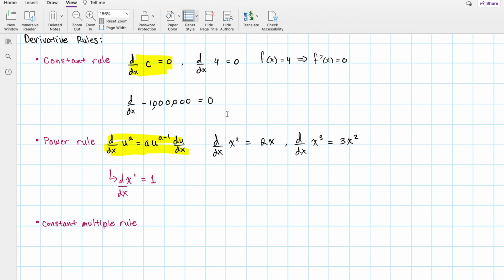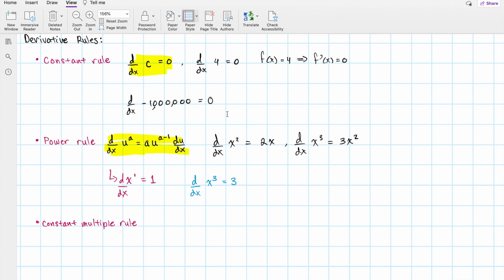So based on what I just showed you, if we apply this rule step by step, this is what it looks like. If I take d over dx of x cubed, so the derivative of x cubed, first it tells me to place down the a value, which is the exponent, 3x, okay?